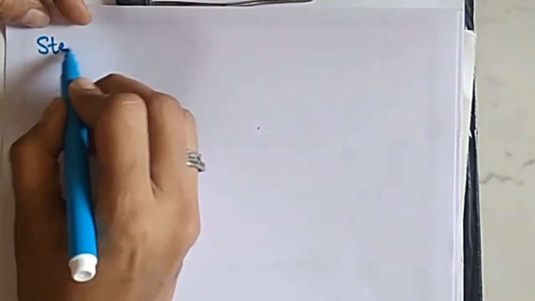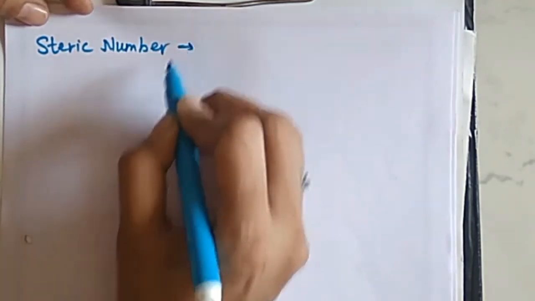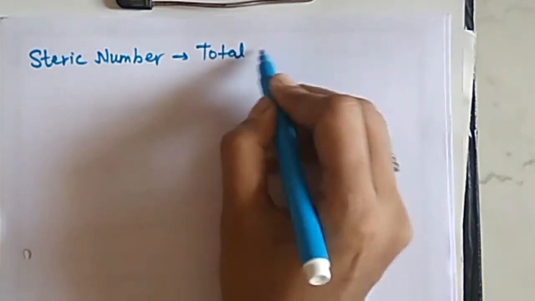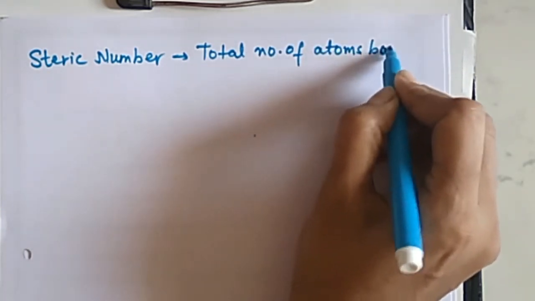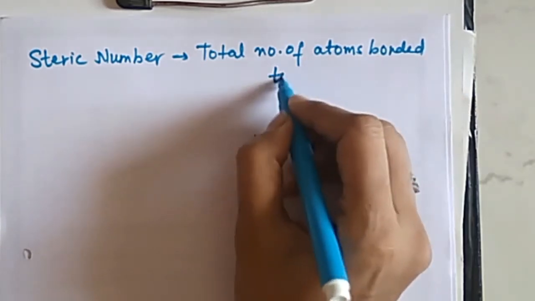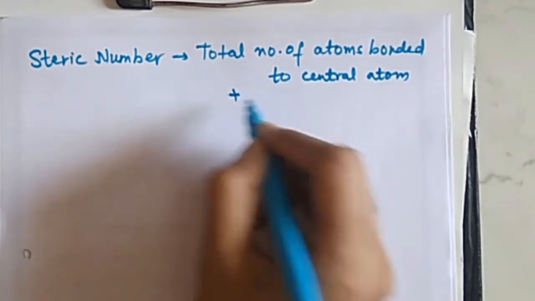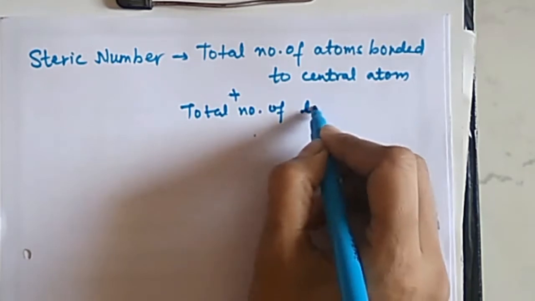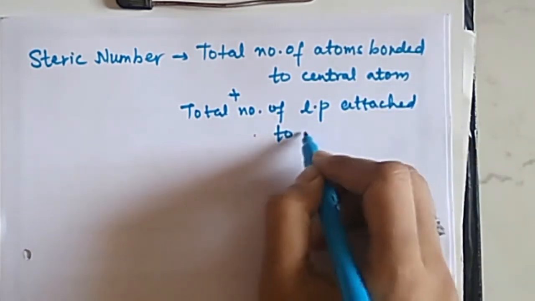Now let us understand what we mean by a steric number. Steric number is defined as the total number of atoms bonded to the central atom plus the total number of lone pairs that are attached to the central atom.